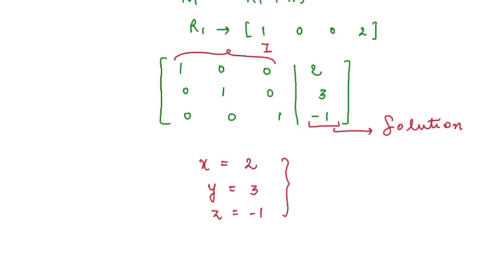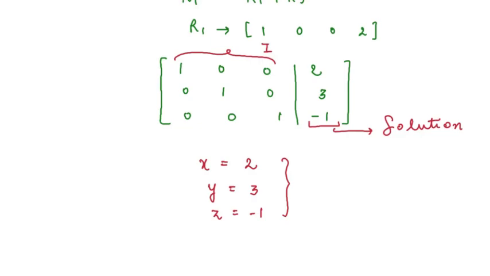We discussed the complete algorithm, performed the elementary row operations stepwise, solved a numerical example, and most importantly, we observed that no back substitution is required now, as the solution can be read directly from the final augmented matrix.